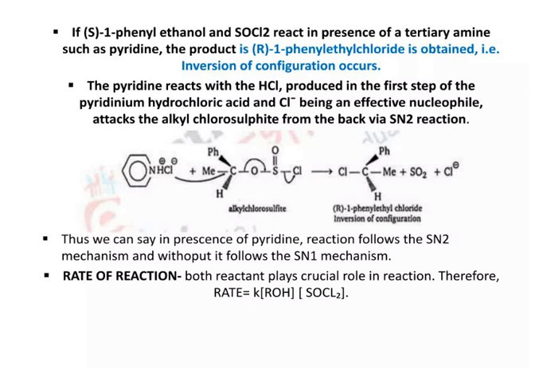Cl- being an effective nucleophile attacks the alkyl chlorosulfite from the back via an SN2 reaction. Look here at the reaction scheme. Thus we can say in the presence of pyridine the reaction follows the SN2 mechanism, and without it follows the SNi mechanism. The rate of reaction depends on both reactants, which play a crucial role. Therefore, the rate equals k[ROH][thionyl chloride].